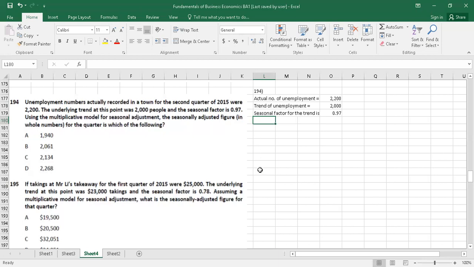That's the logic. So it is a simple cross multiplication. When it was 2000, the seasonal factor is 0.97.